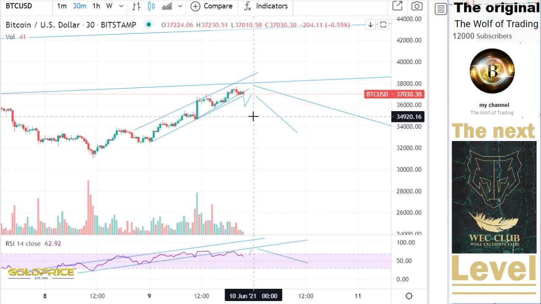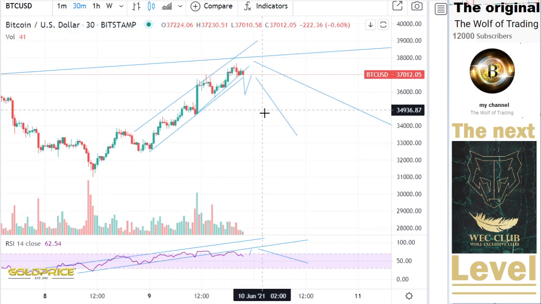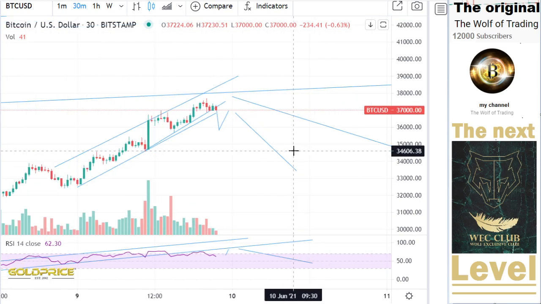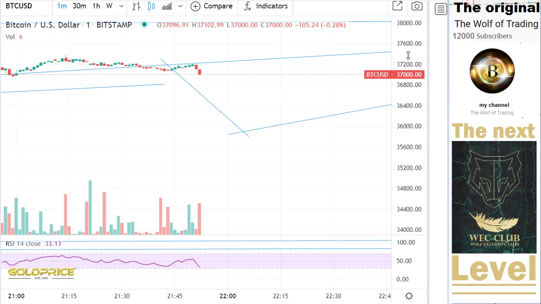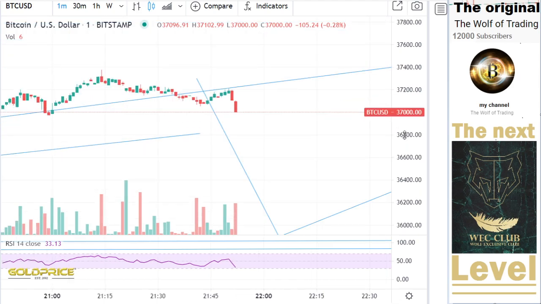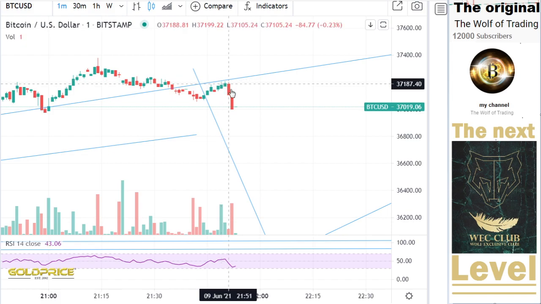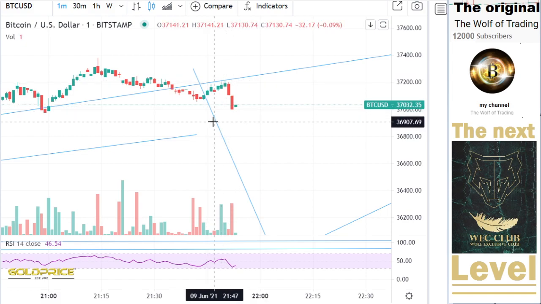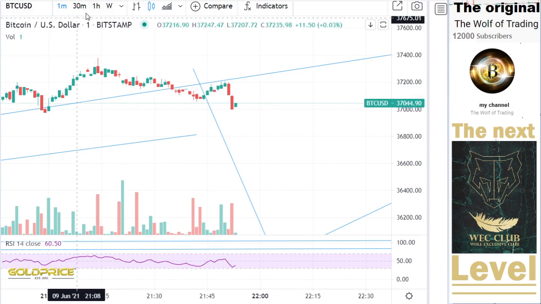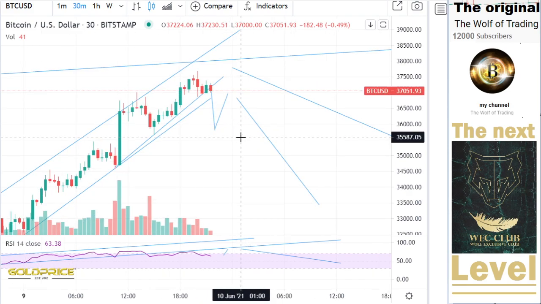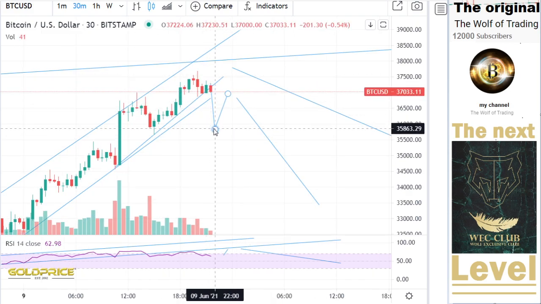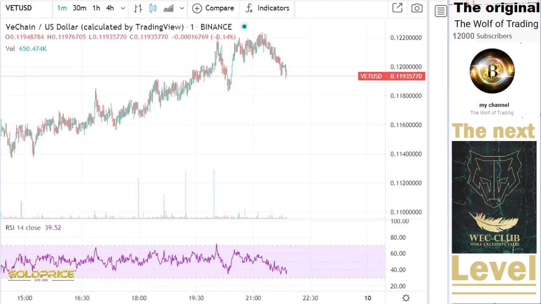You can see we break this at the moment to the downside. It's clear to see. You can see with your own eyes, we break the channel to the downside, and nobody noticed this. You can see clearly at this moment we're falling to the downside, and once we're coming back to 35,000 or 46,000, we will make a retest, and then the price will fall.